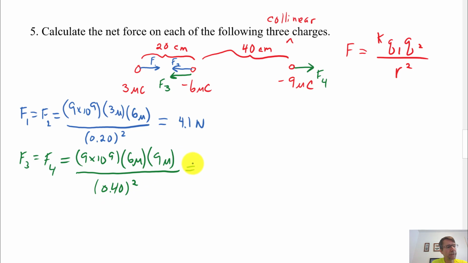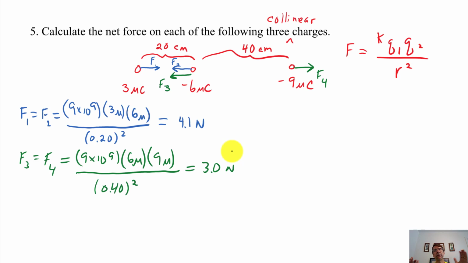So if you do the math there, once again, plug it in your calculator, the bigger distance tends to reduce the force, but there's a bigger charge now which increases it. So the net result is, if you do all that math, 3.0 newtons of repelling. So those two charges repel with that magnitude of force.